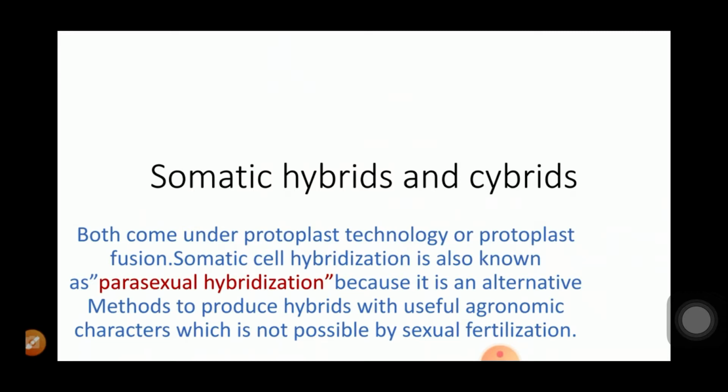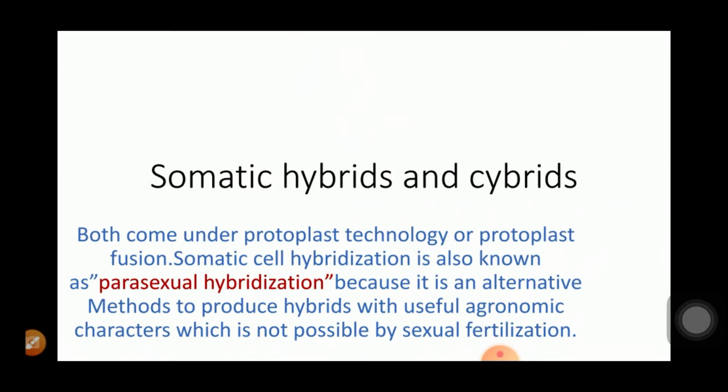So in somatic hybrids, what is basically done here is the fusion of the cytoplasm of two distinct species or two different varieties of a species. So it is very useful in combining two different cells containing their own different properties or traits.